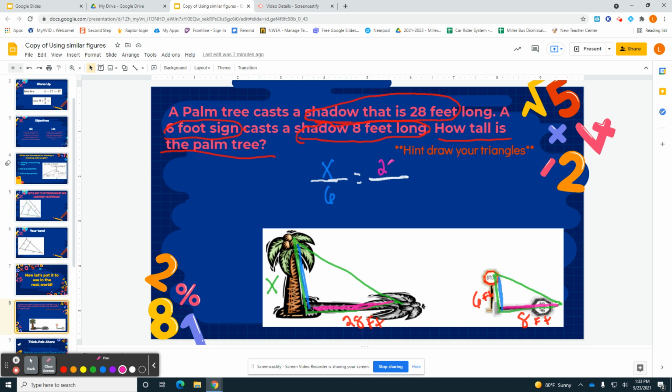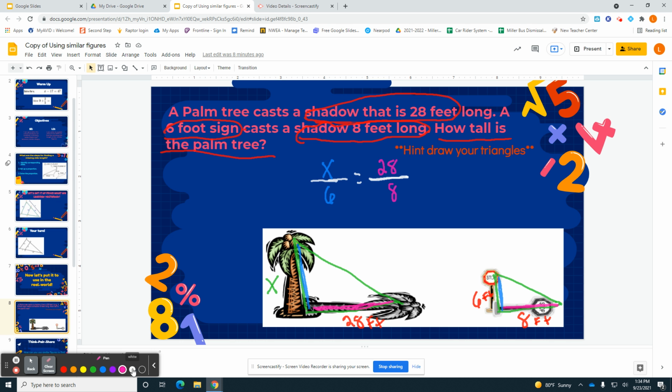If you said with the X, you are correct because those are along the same triangle. So you see X and 28 are my big triangle. And what's going to go here? Well, 8, because that's the shadow for the stop sign. And so 6 and 8 are from my stop sign triangle. And then my ratios correspond going up and down because they are by corresponding sides.